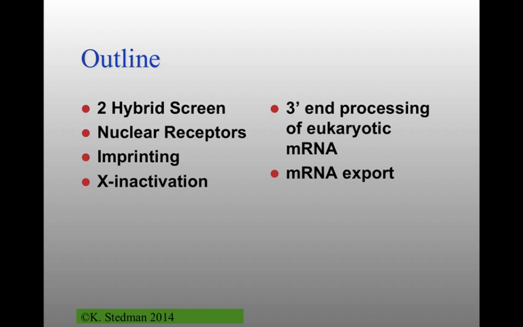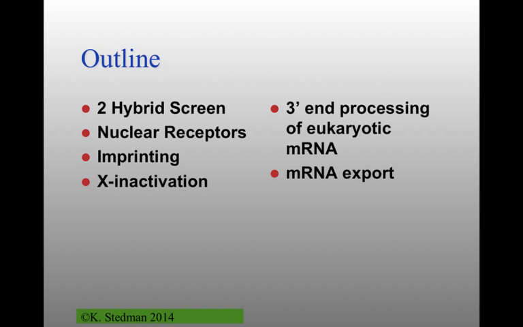And hopefully that's something which has come up over the last almost 10 weeks, that protein-protein and protein-DNA interactions are really critically important for how molecular biology works, how these molecules actually interact with each other. We'll talk a little bit about nuclear receptors.